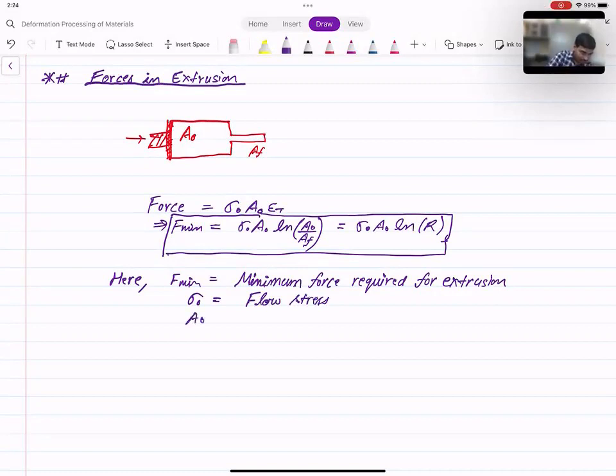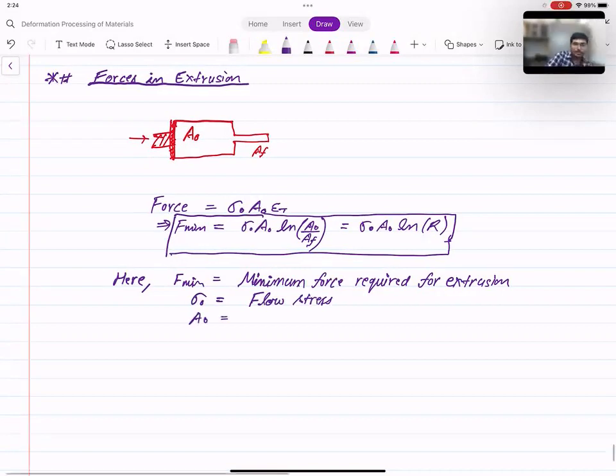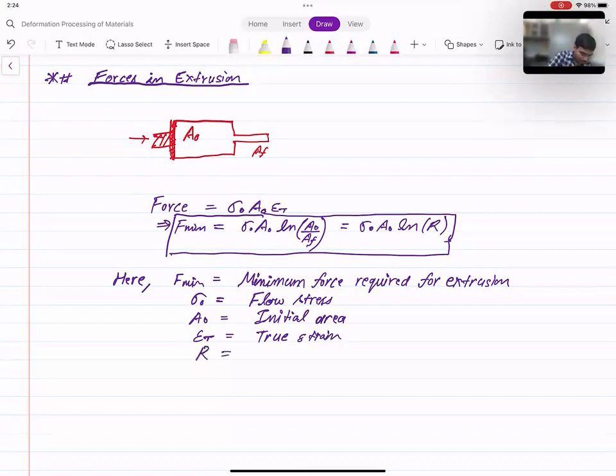A naught is the initial cross-sectional area, and epsilon T is nothing but the true strain, or R is the extrusion ratio or reduction ratio.